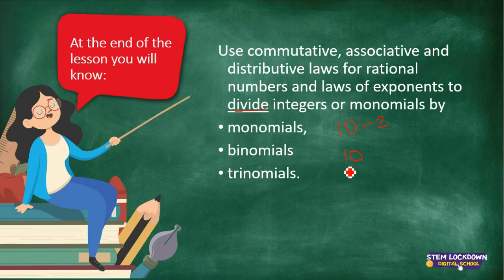But if I have a number like 3 divided by 2, I'll leave it in this format, as a fraction. In other words, I won't write it as a mixed fraction, and I won't write it as a decimal.